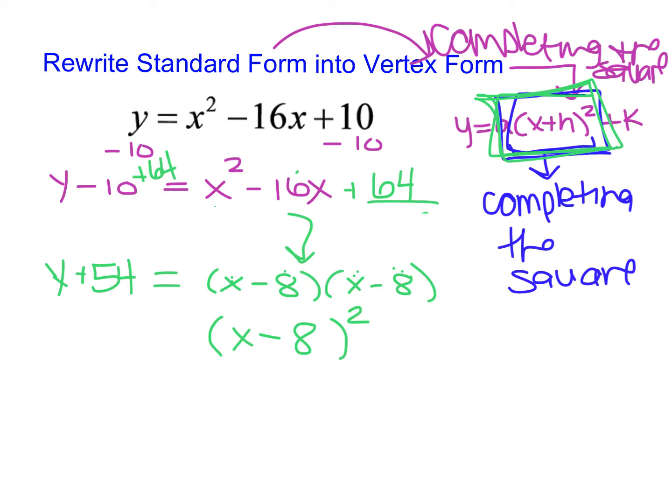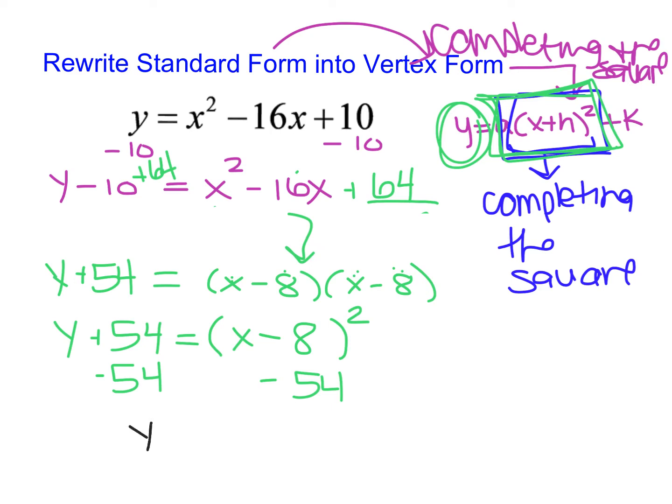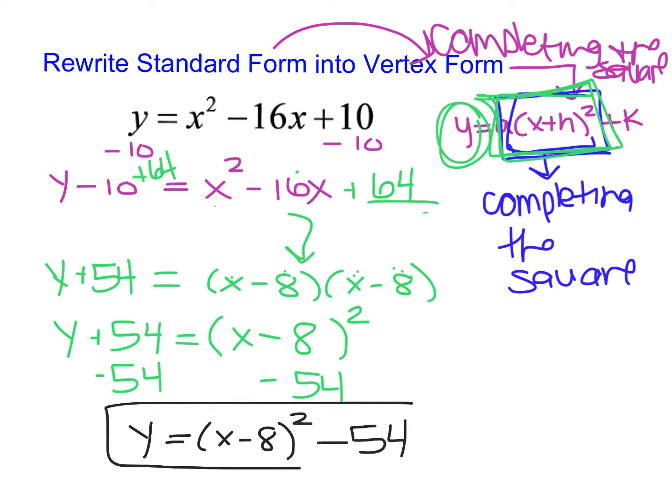And then realistically, standard form and vertex form both have y by itself, so we need to really subtract that 54 back over into our vertex form. So we subtract 54, subtract 54. So our final equation here with vertex form will be y equals x minus 8 in parentheses squared minus 54.